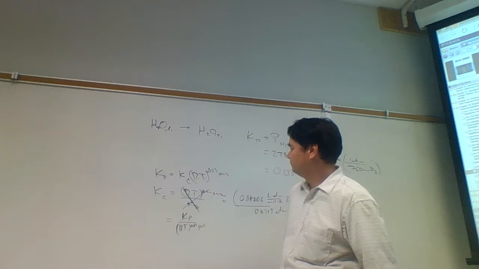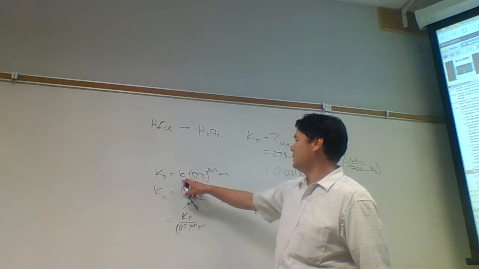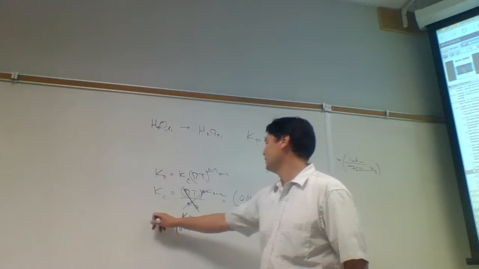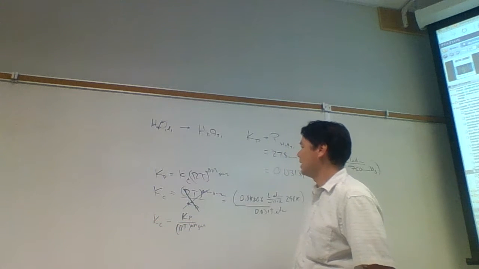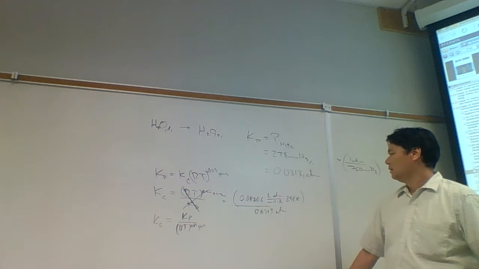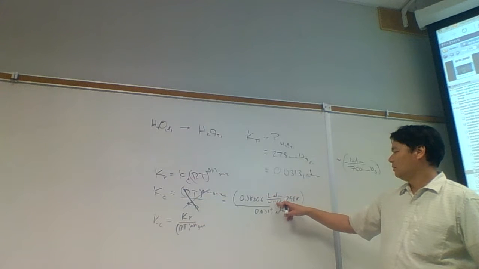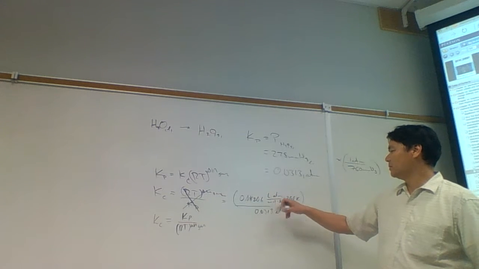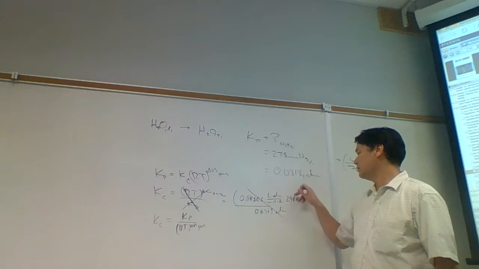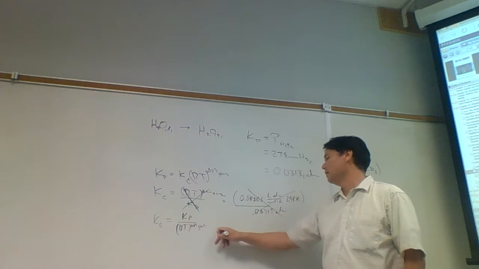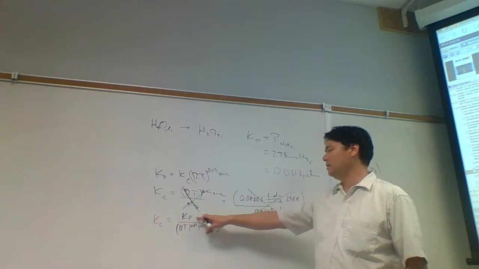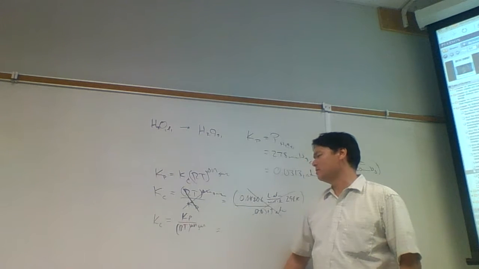So Kc is equal to Kp divided by RT to the delta N of gas, because I was getting liters per mole, whereas concentration should be moles per liter. So the units actually saved me here in this case, but normally we don't deal with units in the K value because those are based on activity.